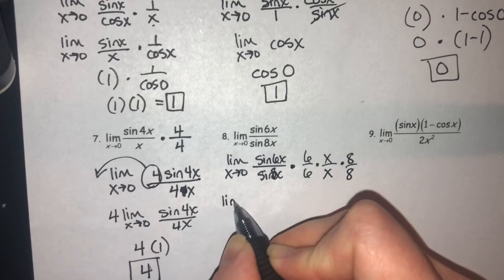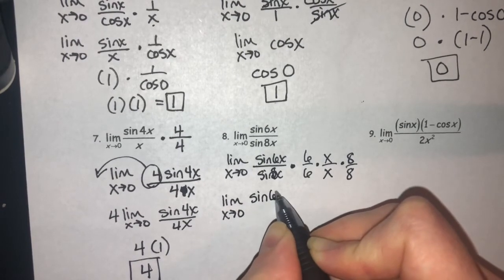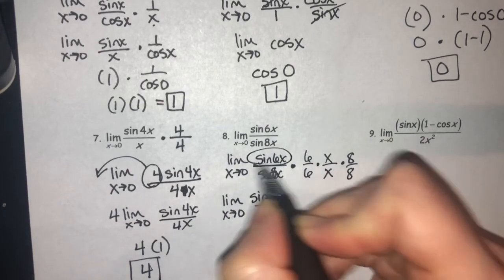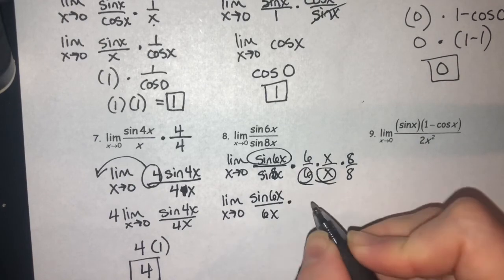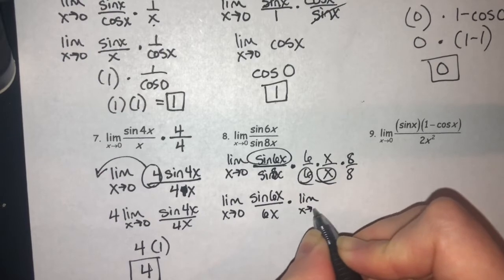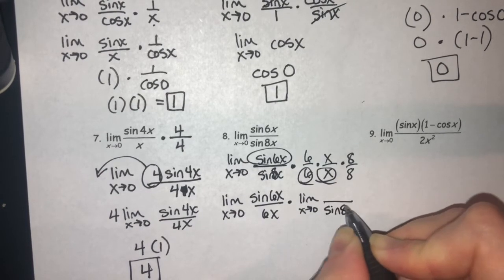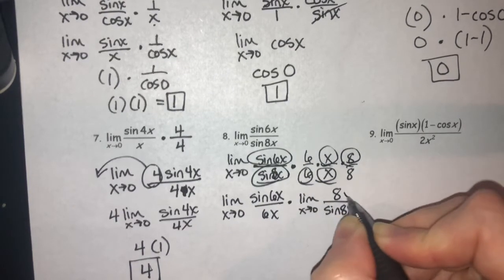So I could rearrange this thing now. The limit as x approaches 0 of the sine of 6x over 6x. So I've used this, this, and this. And then times the limit as x approaches 0 of, let's put that sine of 8x on the bottom. So I use that. And then this 8x on the top.